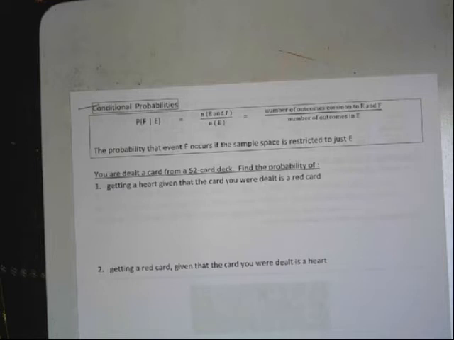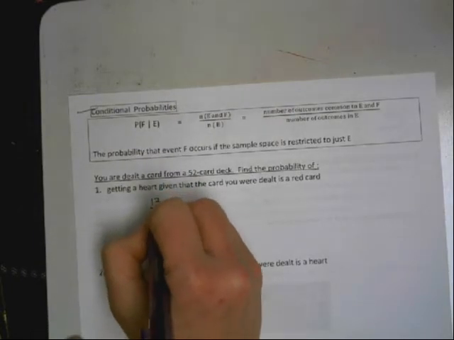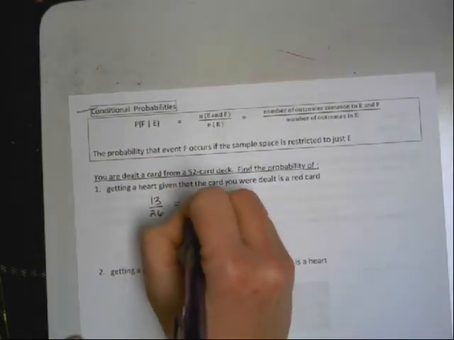But because they said, given that you were dealt a red card, I'm no longer dealing with 52 cards anymore. How many cards am I dealing with? 26. I'm dealing with half of the deck now, just 26. So now what is the probability of getting a heart given that I've got a red card? Do you remember how many hearts there are? It is half. There are 13 of each. So technically it's 13 out of 26, which reduces to a half.